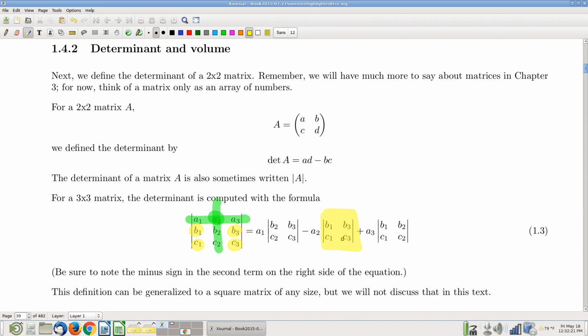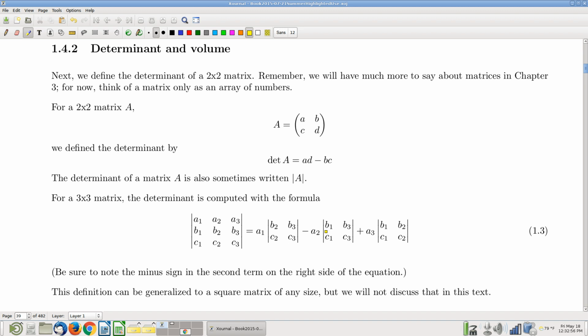That's the sub-matrix associated with that position on the top row. And then don't forget, there's one other little detail. Note that there's a minus sign there. And again, why the minus sign? It seems out of place. It's a plus here, it's a plus there. Why the minus there? Again, don't look for that intuition. In this course, we're not going to be able to talk about it really at all. But you do need to know the formula for how to compute a 3x3 determinant, and of course also for a 2x2 determinant.